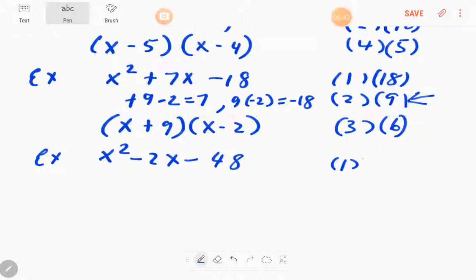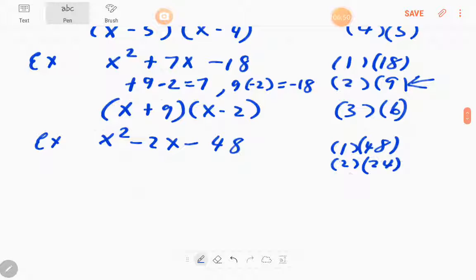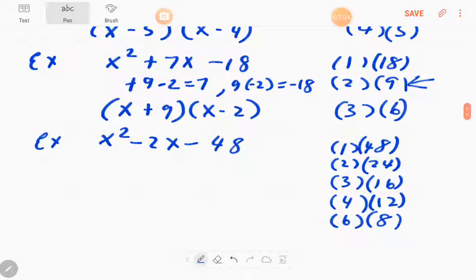So 1 times 48, 2 times 24, 3 times 16, 4 times 12, 6 times 8. Okay, so none of these pairs add to give minus 2, but if we subtract 6 from 8, we'd get 2.